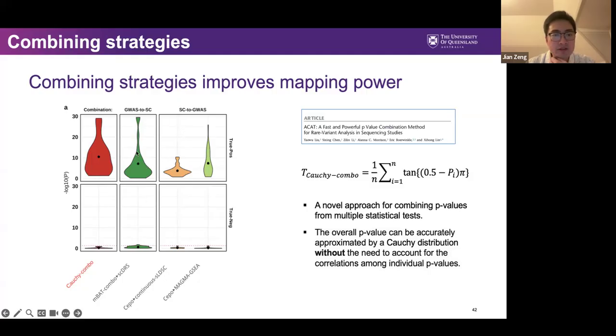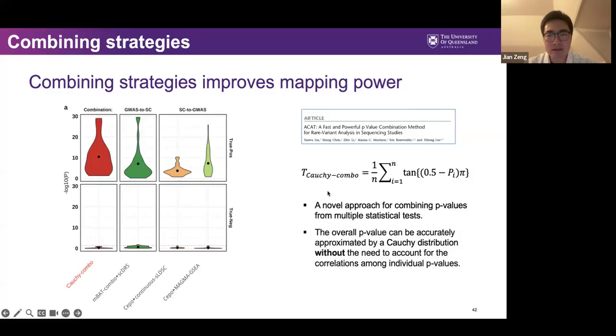These two strategies on average do not seem to differ too much in terms of power. And we found it might be best to combine both of them using this Cauchy combination approach. This is a novel approach initially used to detect rare variants.